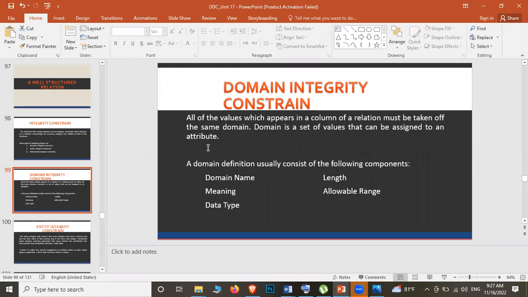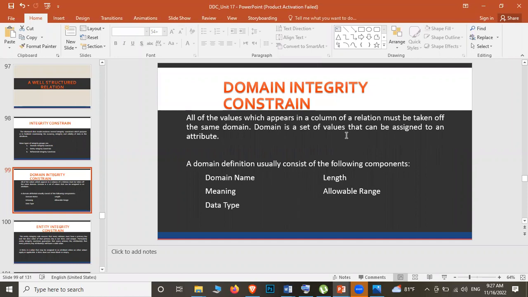Say we have an attribute like employee number, employee name, or employee phone number. For that there should be a domain name, meaning what kind of data type it is. For a phone number, what kind of data type?